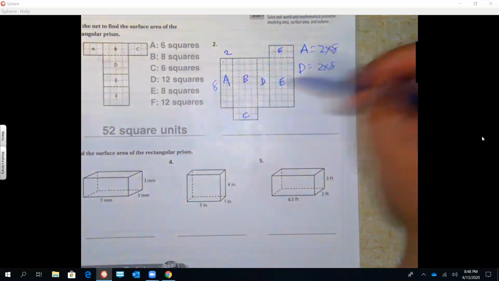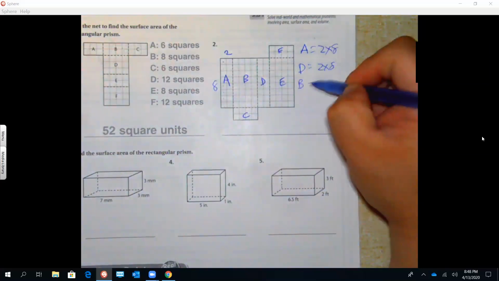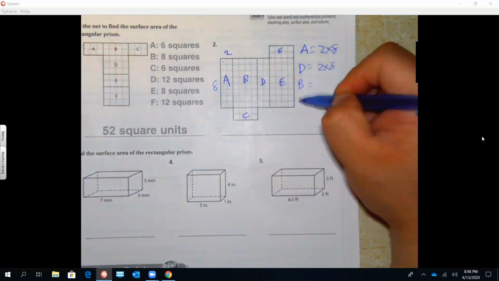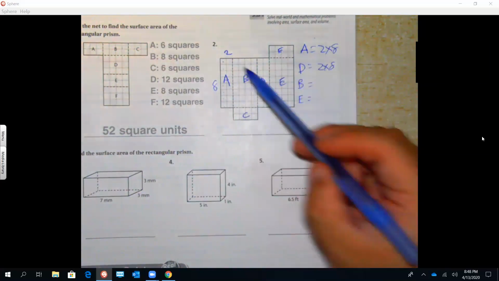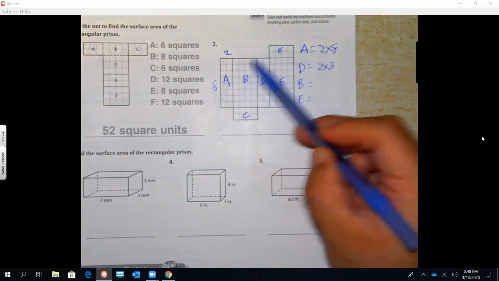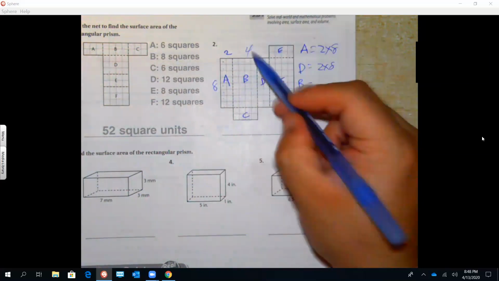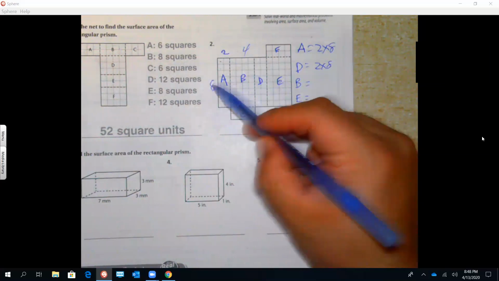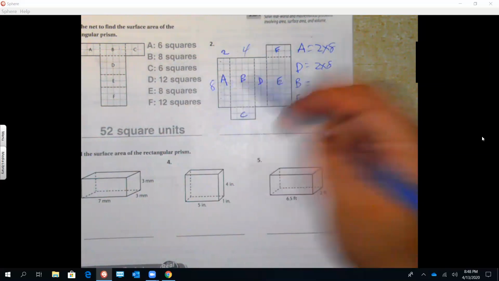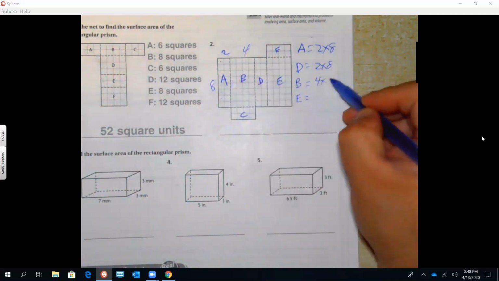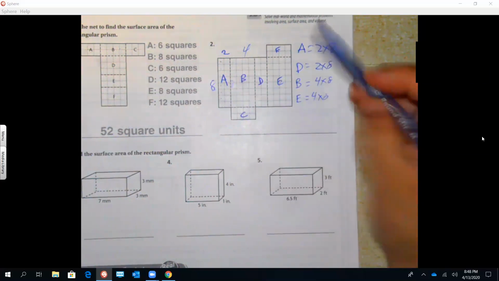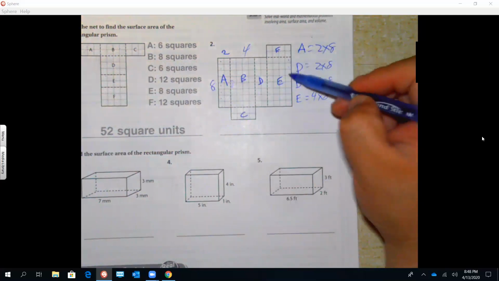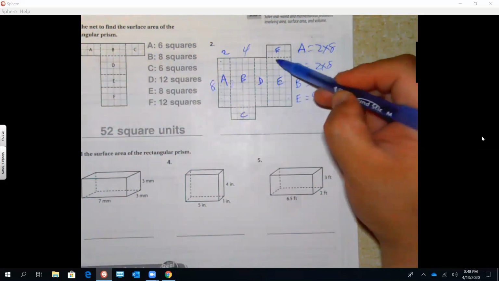Okay, and let's go to B. So B and E are the same. It looks like a bottom and a top. 1, 2, 3, 4. And that's also 8, so it's 4 by 8. And E is also a 4 by 8. 1, 2, 3, 4, 5, 6, 7, 8. 1, 2, 3, 4. 4 by 8.